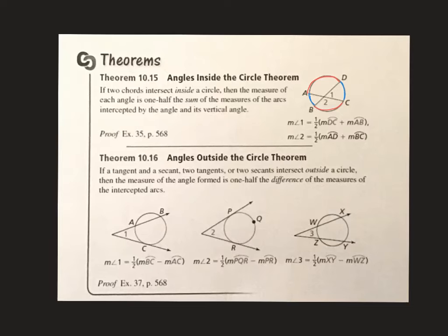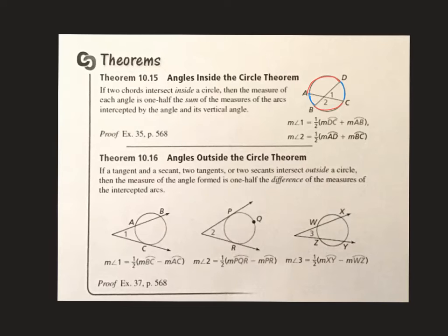If angles are outside of the circle, Theorem 16, we've got 3 possibilities. If a tangent and a secant, 2 tangents or 2 secants intersect outside of a circle, then the measure of the angle formed is 1/2 the difference, so we're subtracting, of the measures of the intercepted arcs.